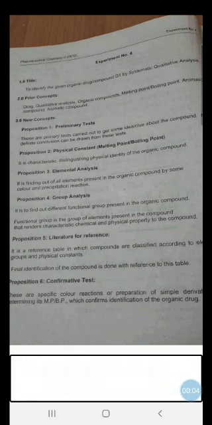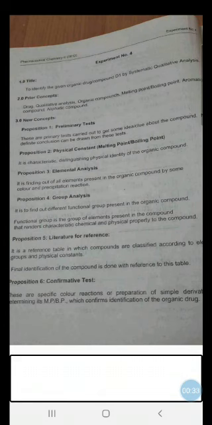Presently under Pharmaceutical Chemistry 2 practicals, we are discussing identification of given organic compound or drug by systematic qualitative analysis, that is experiment number 4 onwards. Please note that every one of you has to identify at least 10 organic compounds.